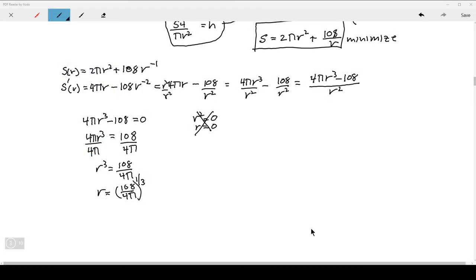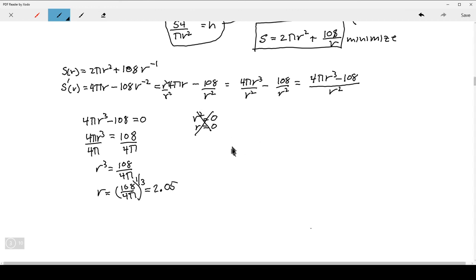There's pi. 4 pi to the power 1/3. And we get 2.0, I'm going to round that off, 2.05. All right, so now we know what the radius of the can has to be.